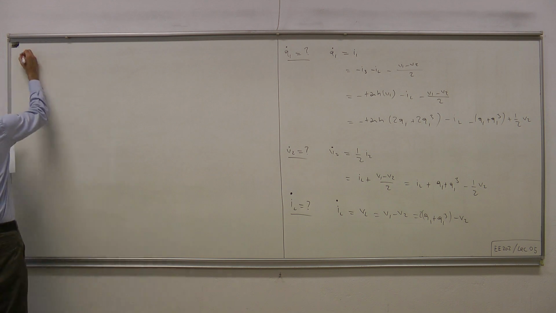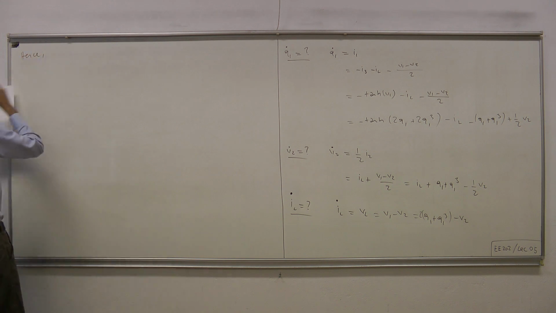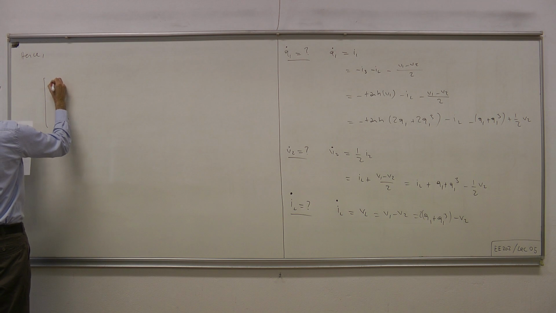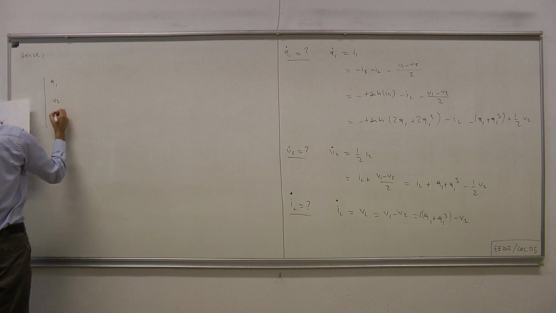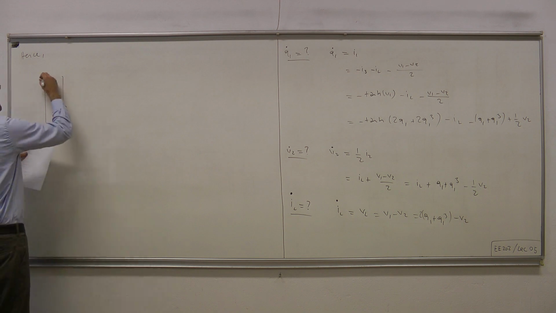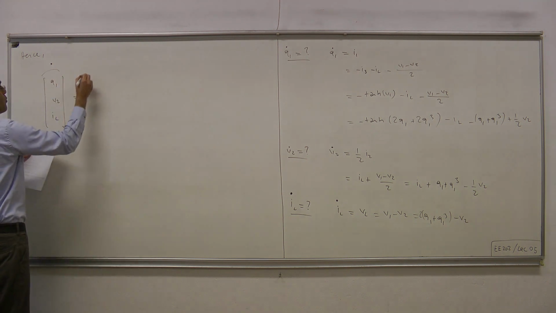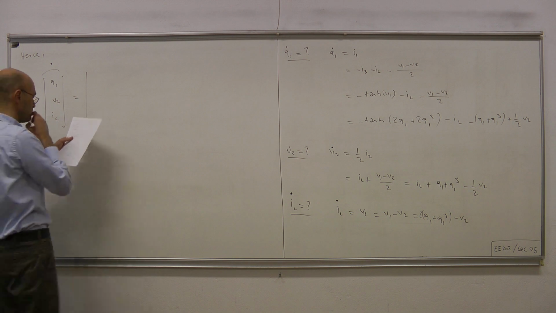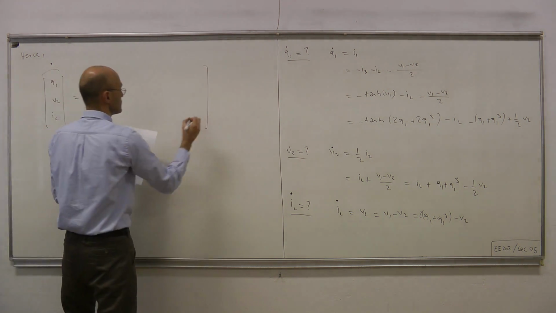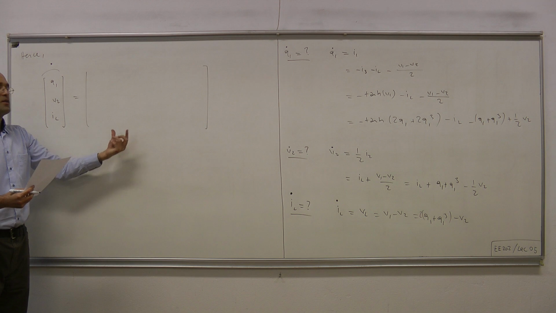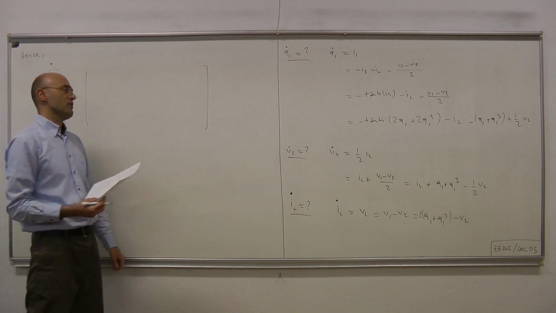Finally we have Q1, V2, IL. This is our X. Now X dot equals some vector, which is a function of the state.